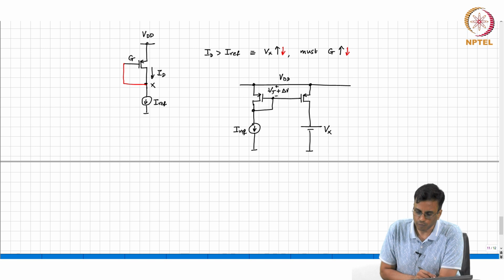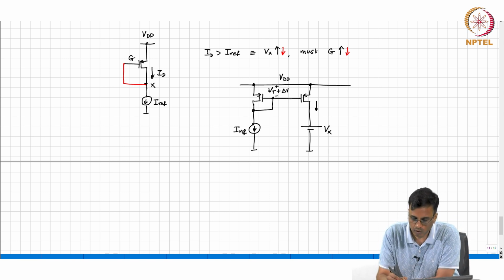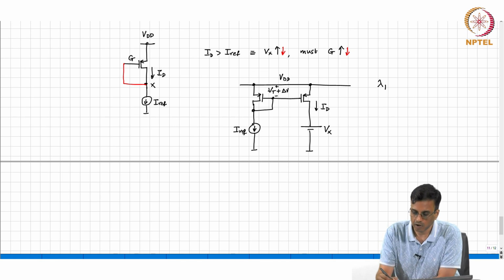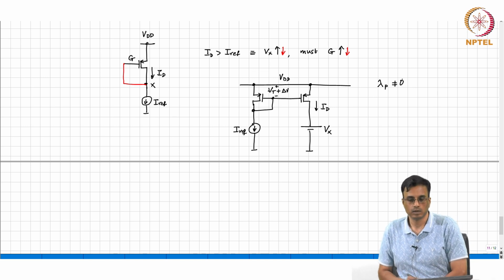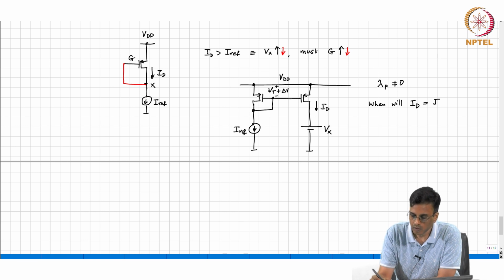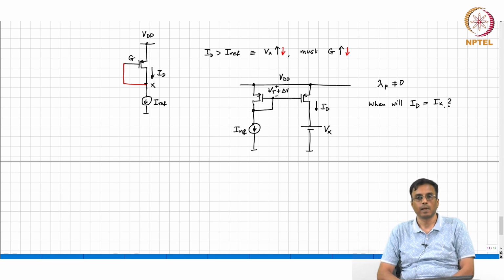alright. So, for what Vx will the current be exactly equal to Iref? Lambda p not equal to 0. When will Id be exactly equal to Ix? Yeah.